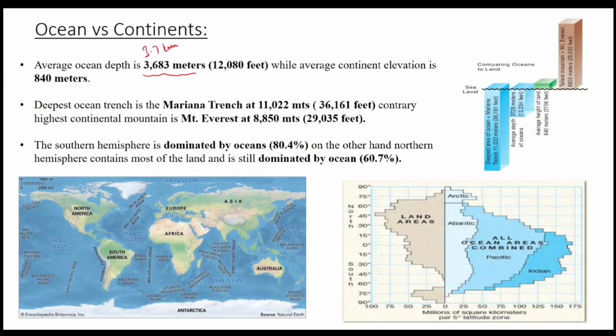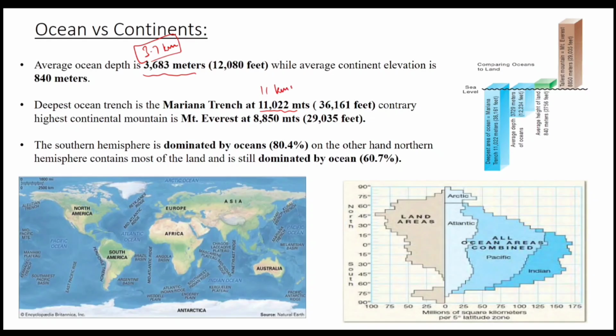3.7 kilometers. If you can't remember this exact value, just remember some rough values like 3700, like we remember the radius of the Earth is 6400. And the deepest oceanic trench is the Mariana Trench, which is around 11,000, or better to say 11 kilometers.